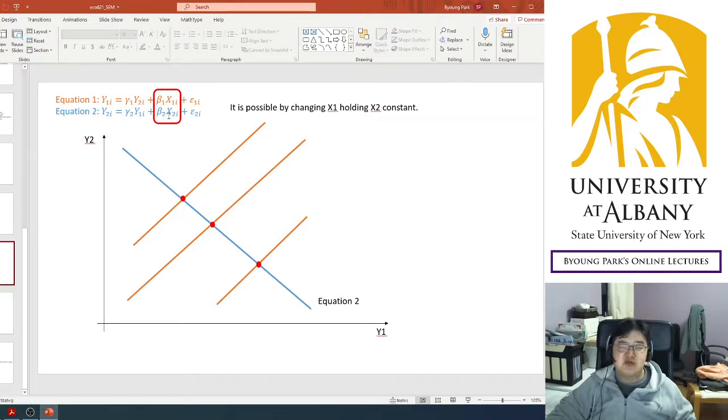By fixing x2, equation 2 will be fixed at this point. But now vary x1. By varying x1, you have different equation 1. So at each point, you have an observed equilibrium like this. Connecting them will trace out equation 2, which is fixed at the same spot.